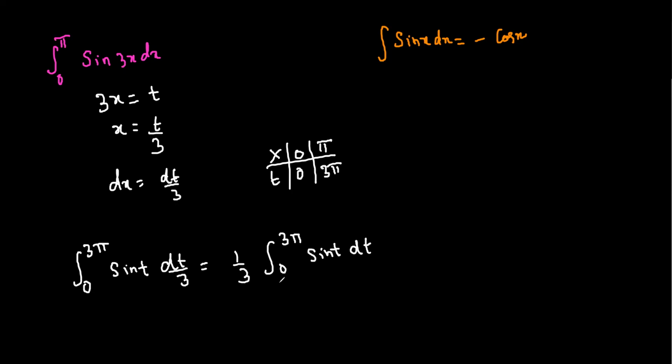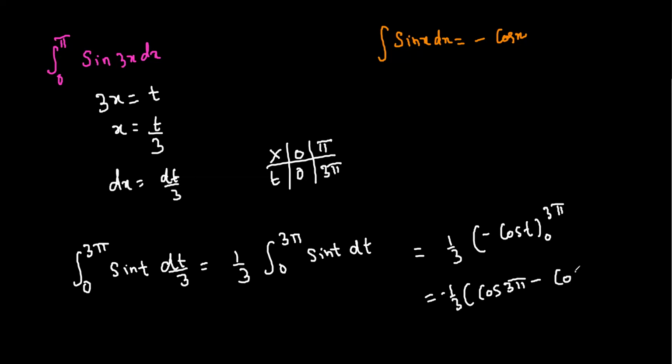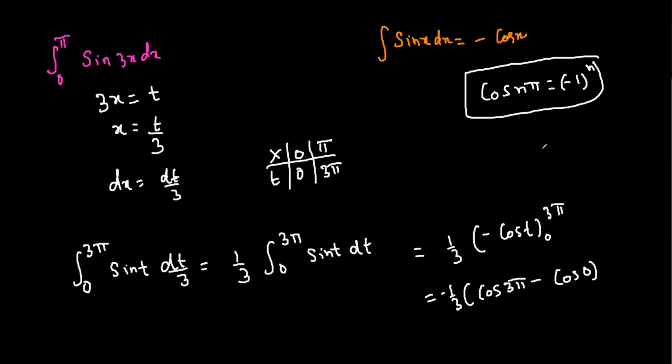Because 3 is constant, that can be outside. You can say integration of sin t is minus cos t. Take minus outside. Now put the value of t equal to 3 pi and then 0. Always remember cos n pi, if n is a natural number, can be written as minus 1 raised to n. So minus 1 raised to 3.